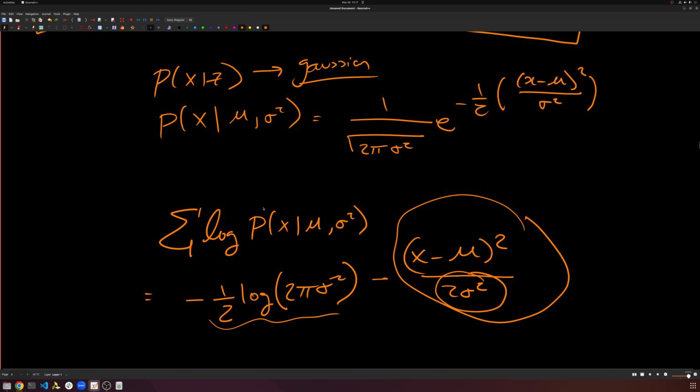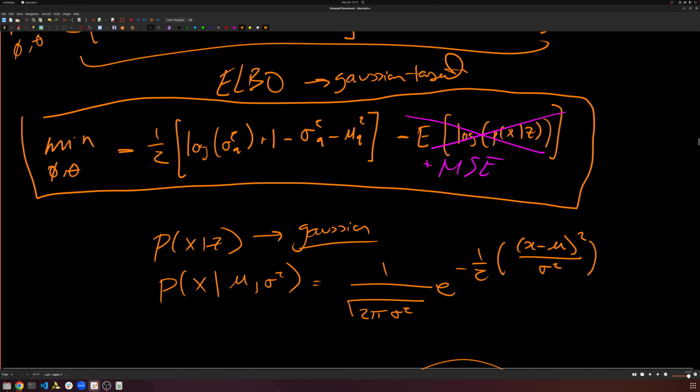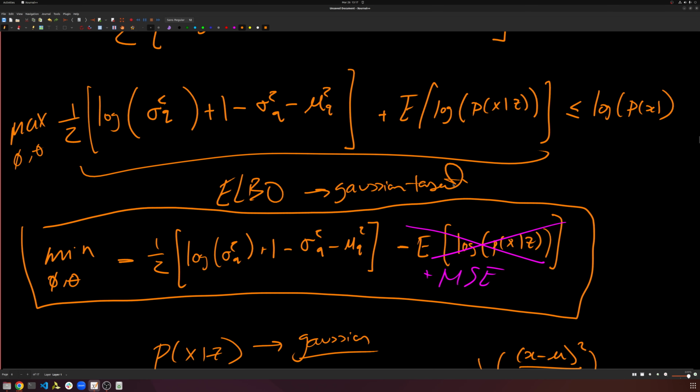Obviously, using negative log likelihood is ideal. It's the more generic case, but mean squared error is a good simplification of negative log likelihood when we're specifically dealing with Gaussian distributions, which is exactly what we're doing, which is why we're able to do this. I'm not going to go into too much more depth about that. The main takeaway is this, right? This is our final loss function that we will be implementing in the next video.